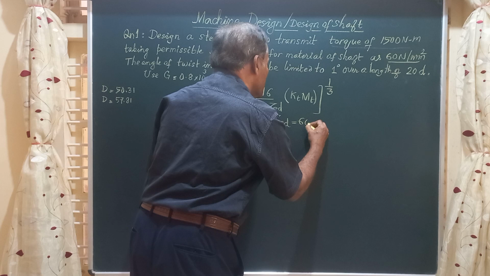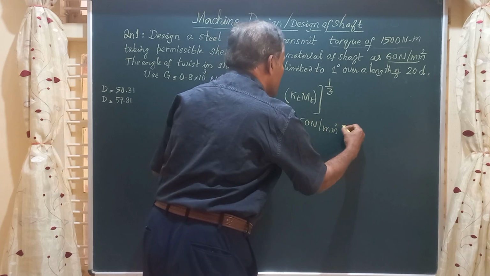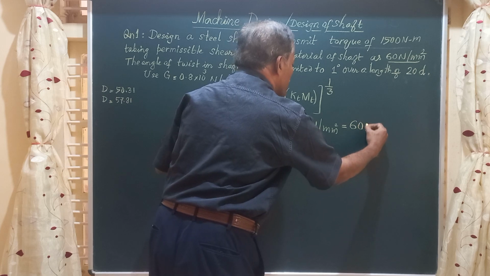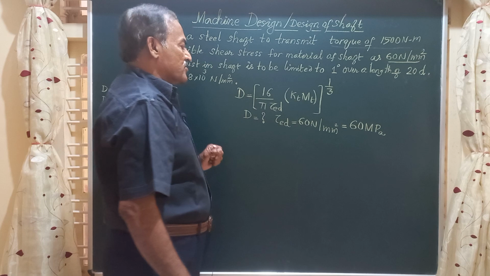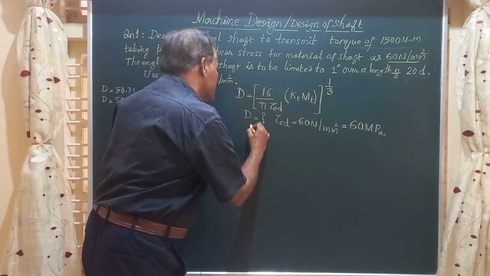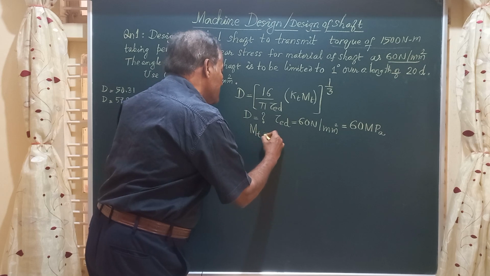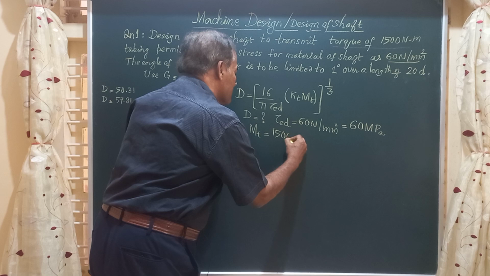So this is 60 Newton per mm square, which is also called 60 MPa. So 1 MPa is 1 Newton per millimeter square. Friends, you got this value? Then the value of Mt is also given. Mt is given as 1500 Newton meter.